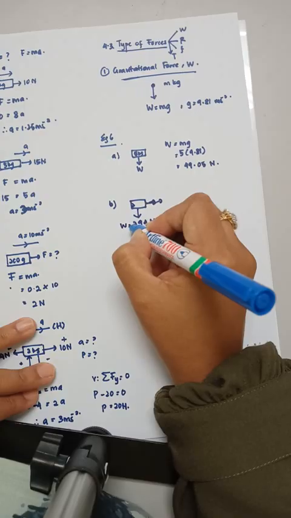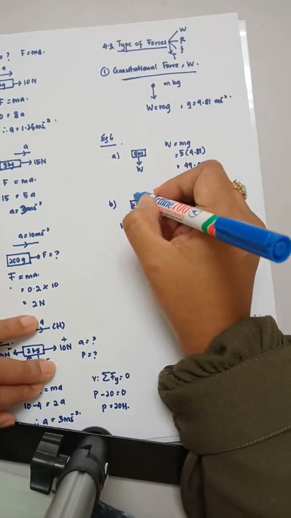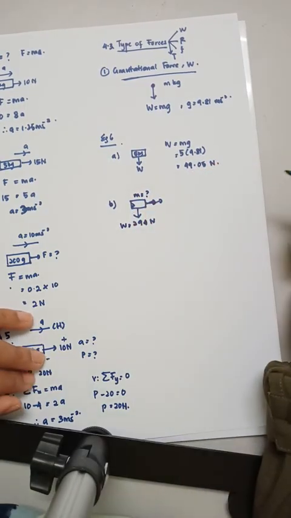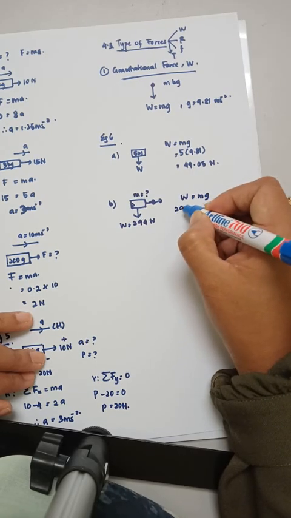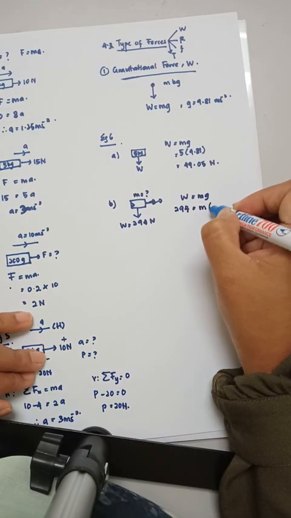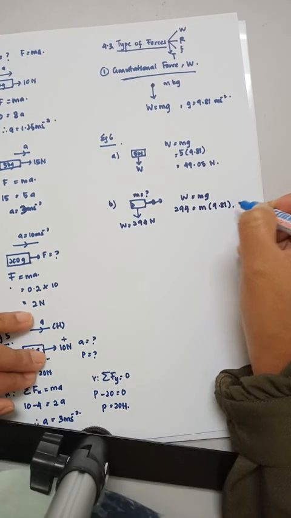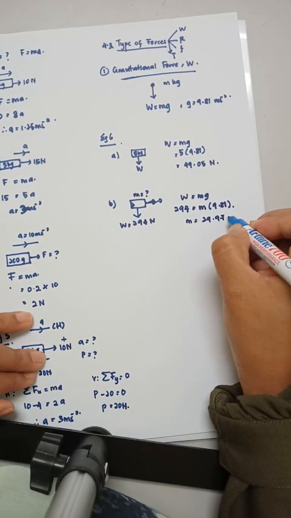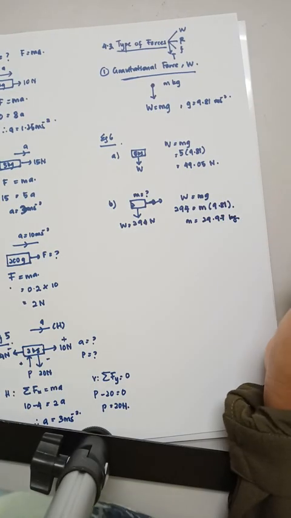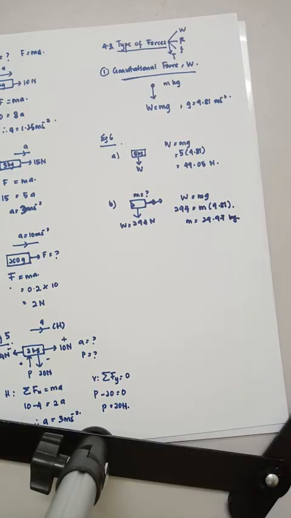The weight is 294 newton and we are asked to find the mass. So W is mg, weight is 294, m we don't know, g is 9.81. So m is 29.97 in kg.